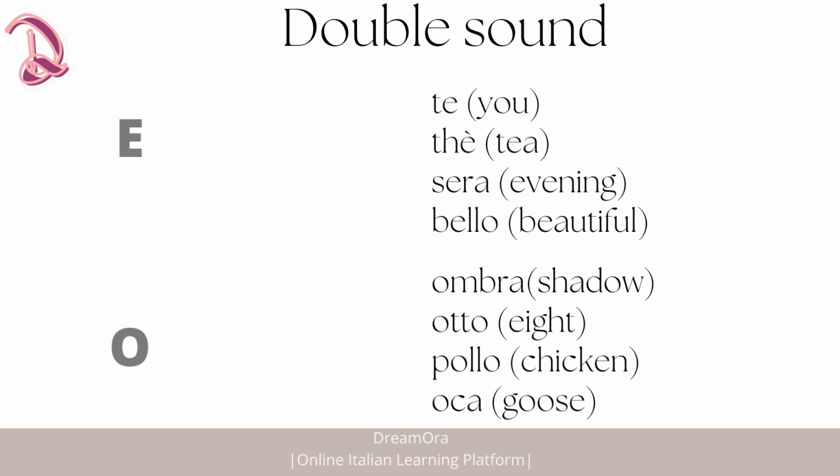Same thing goes for O. We have the closed sound O, ombra, and the open one, otto. Then pollo, which is closed, and oca, which is open.